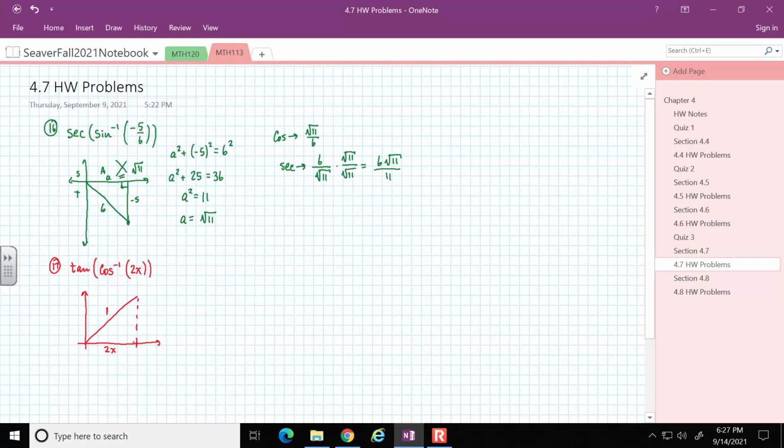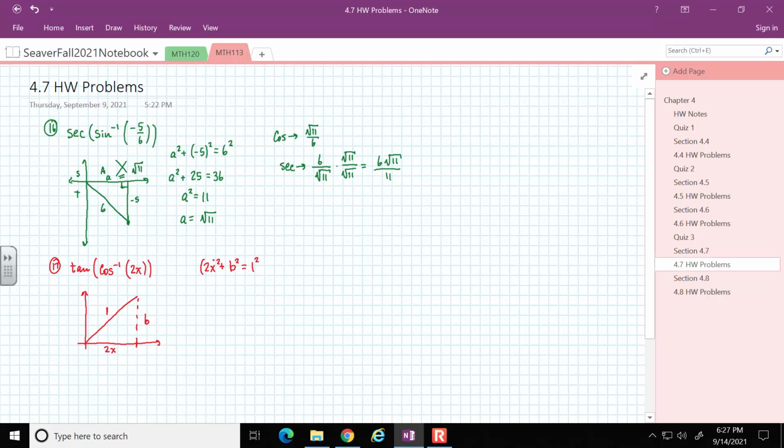Okay. So we're going to come in here and say, all right, that's my opposite side. I'll call that b for now. And I would have 2x squared plus b squared has to equal 1 squared, right? Is everybody okay with that so far? Okay, just a triangle, setting it up just like we did the other problems.